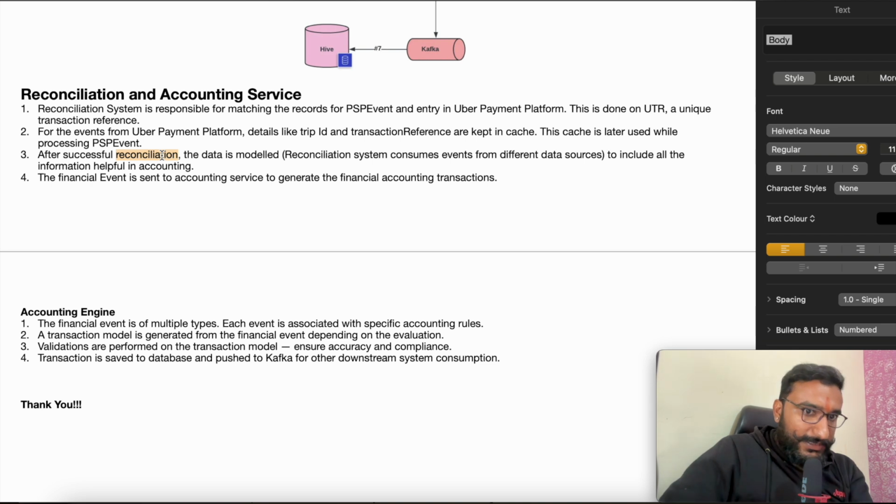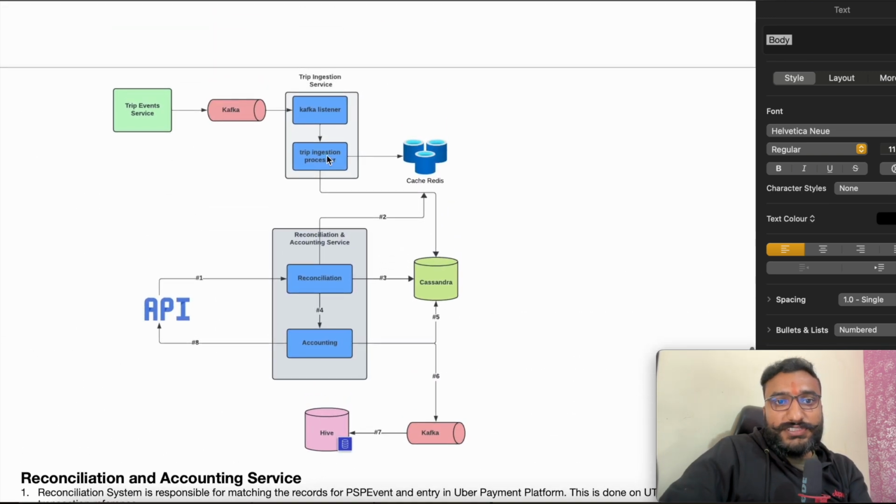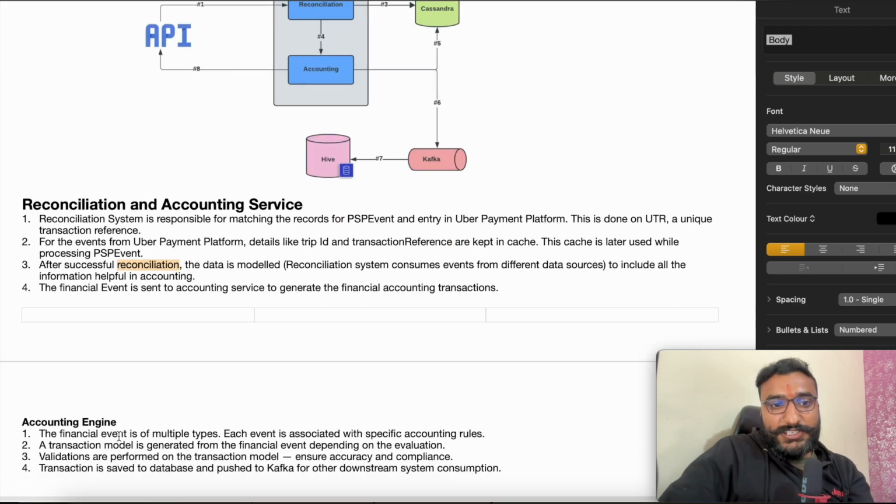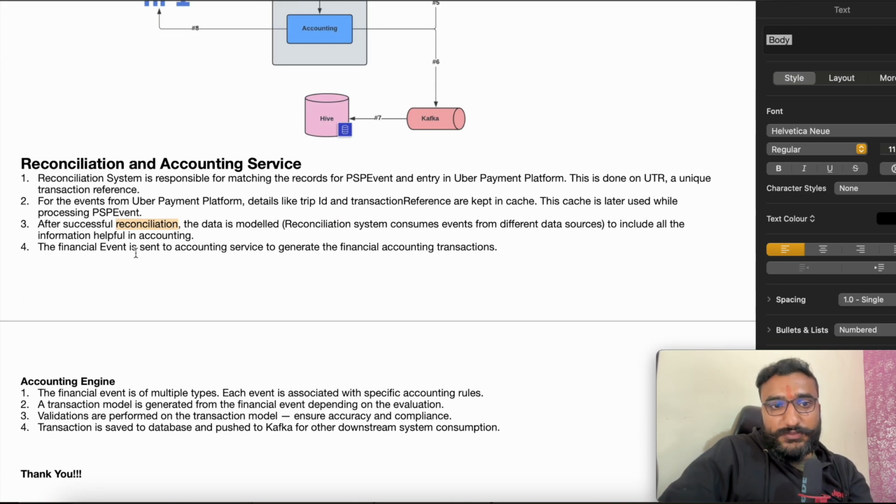Whenever I say a financial event, a financial event contains a lot of information. We mentioned one of the sources as this Uber payments platform, but there can be other systems as well, like real time events or other information which are clubbed together. So this financial event contains all the information which is later used by the accounting engine in our system.